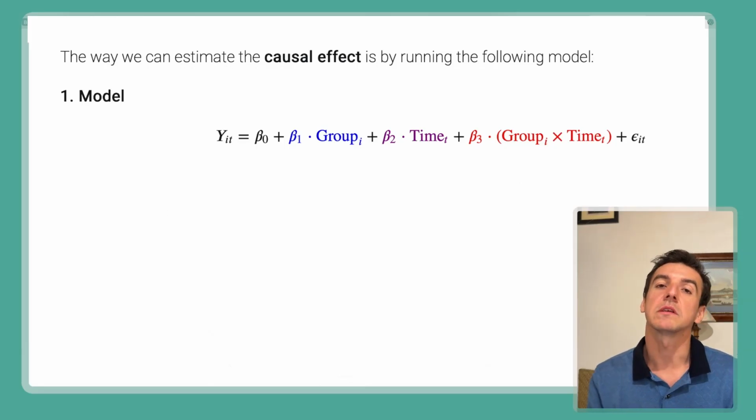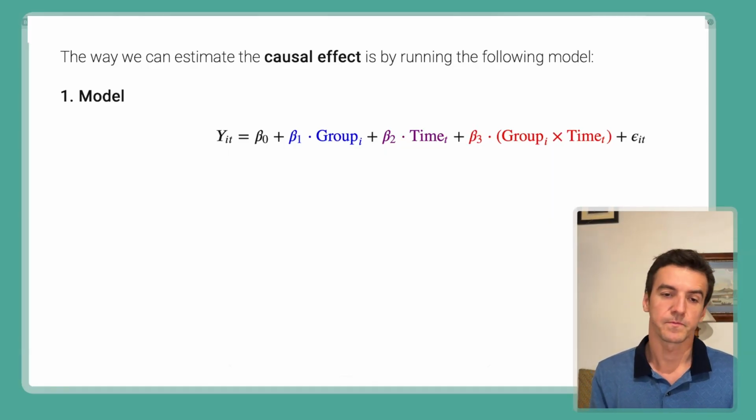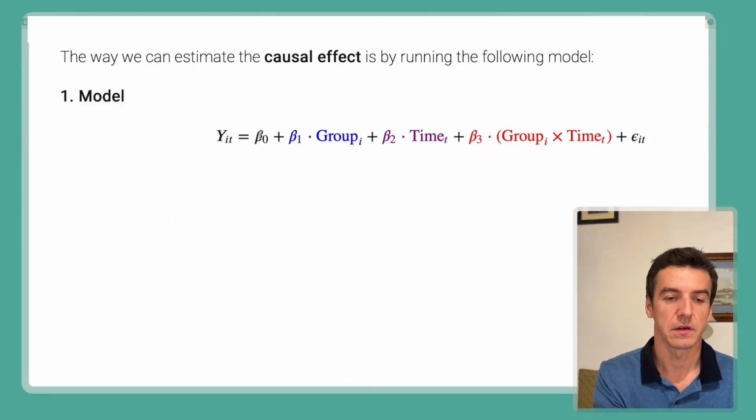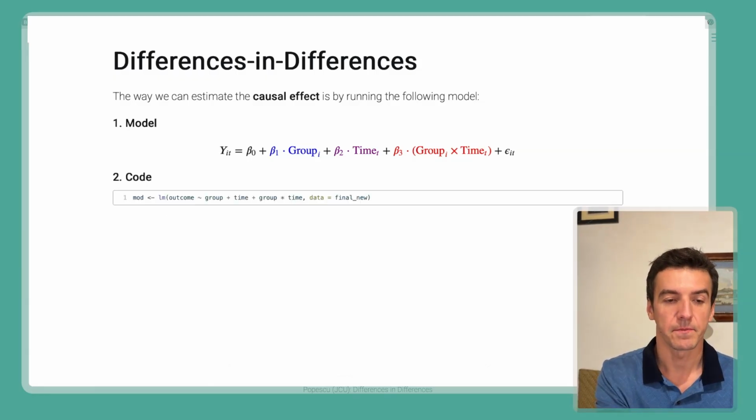And t represents the time unit, whether it's before the implementation of the program versus afterwards. And then we have a series of coefficients: beta 0, beta 1 multiplied by group, beta 2 multiplied by time, and then beta 3, the interaction between group and time.